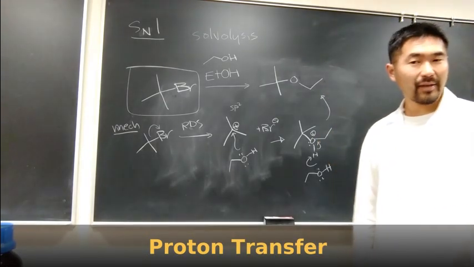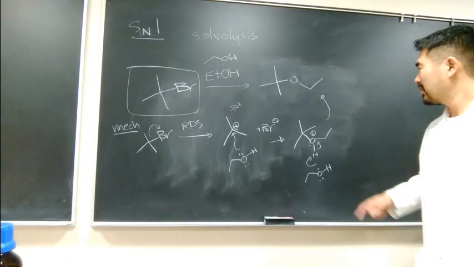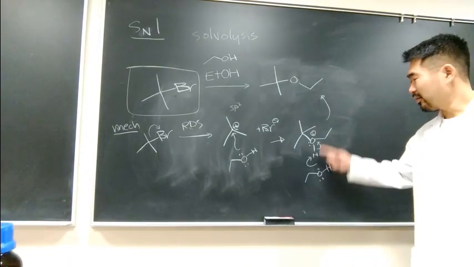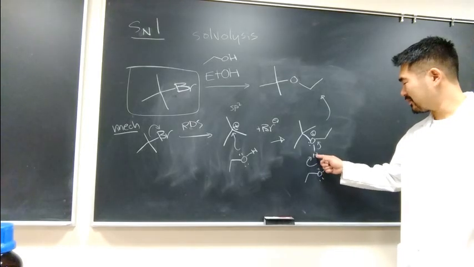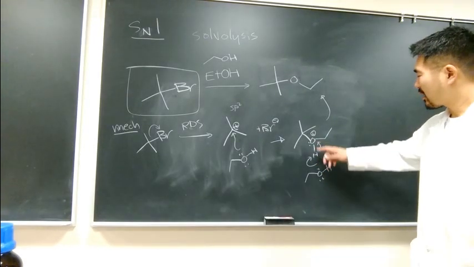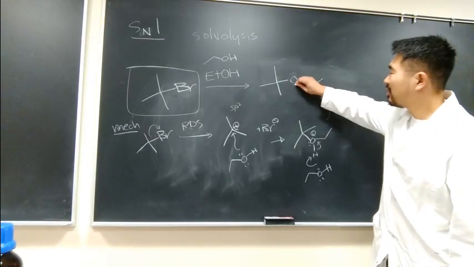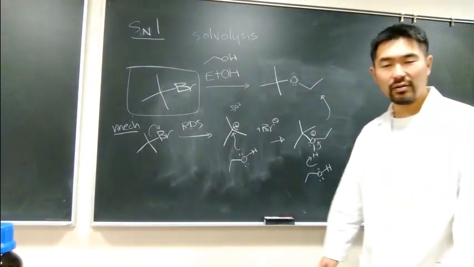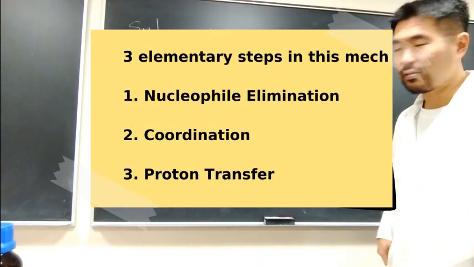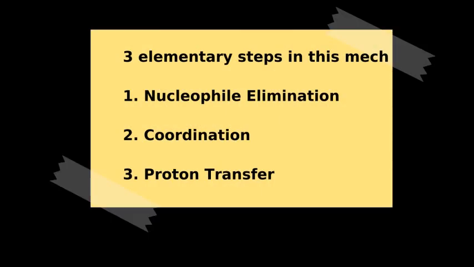And that's our mechanism. In the last step here, what we did was use ethanol, or the solvent alcohol, as a base to pull off the extra proton. And once that proton is off, that oxygen has two lone pairs of electrons. It's neutral. That's our neutral product.